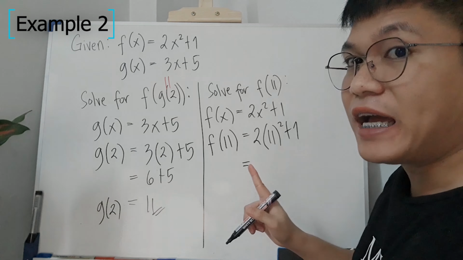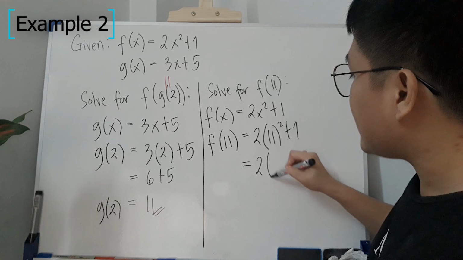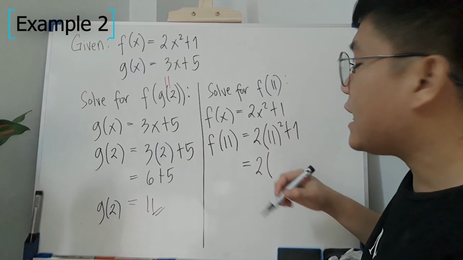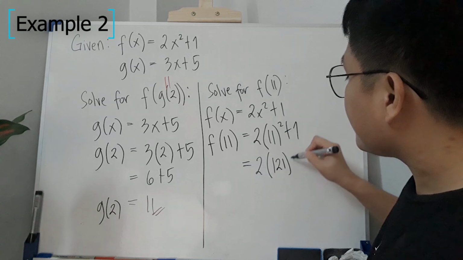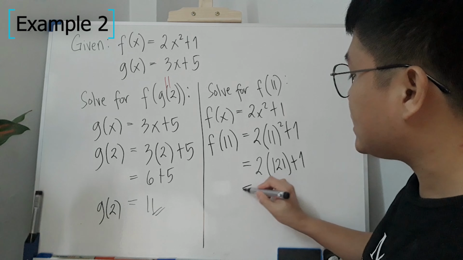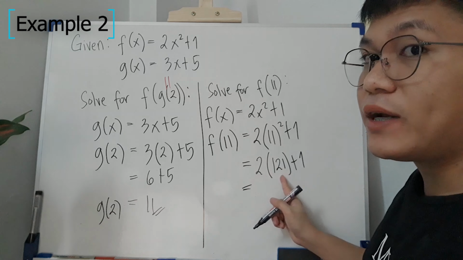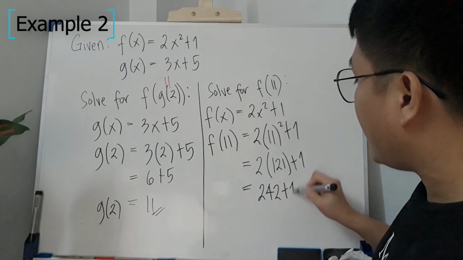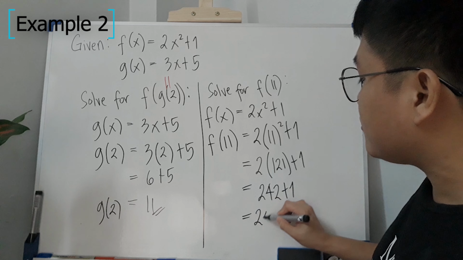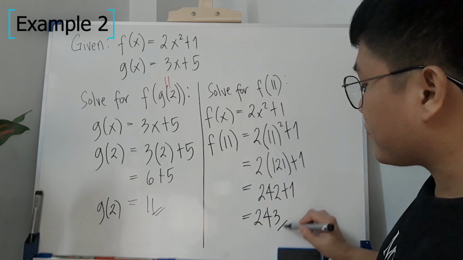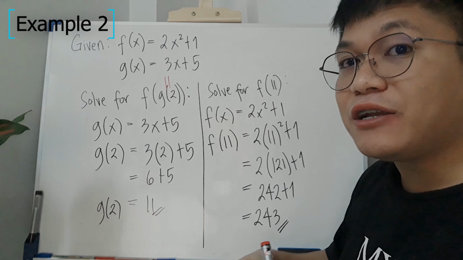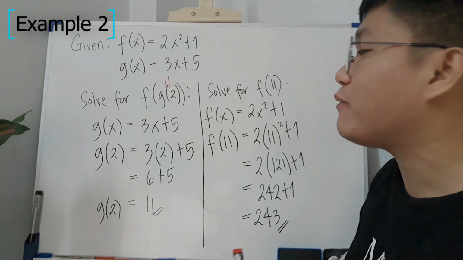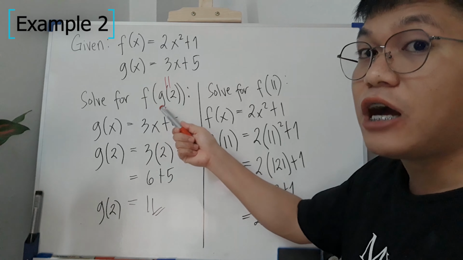And then simplify. So we have 2 times 11 squared. That is 121, plus 1, which is equal to 2 times 121, that is 242, plus 1, which is equal to 243. Which means that 243 is the value of our function f of g of 2.